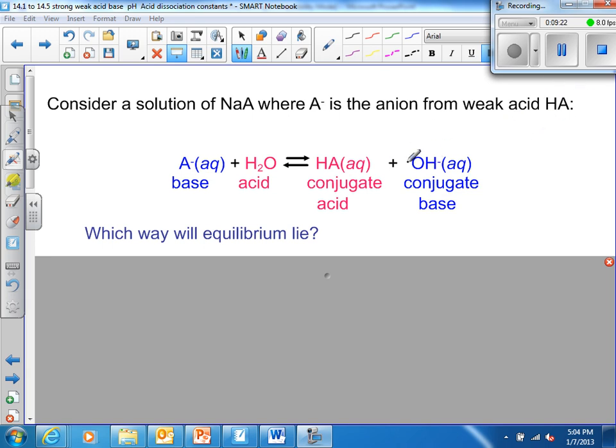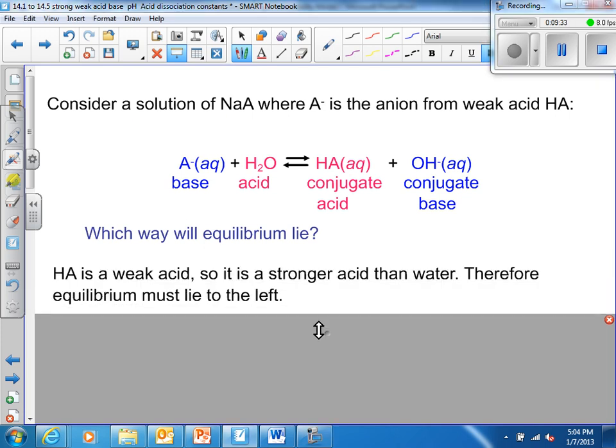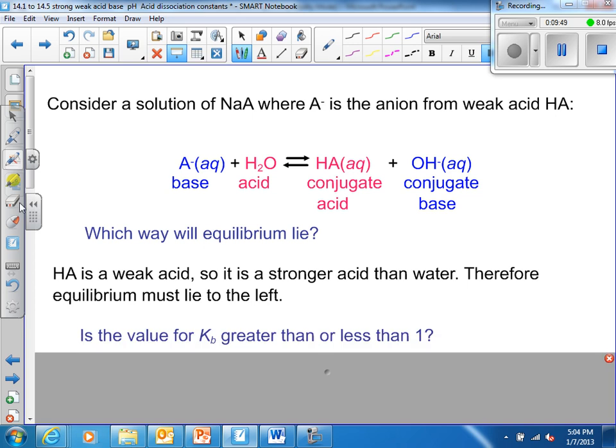And think about OH minus. OH minus is a really strong, very strong base, sorry. A minus is a weak base. So who's going to take control? Let's look. These stronger acids and bases compared to these weaker acids and bases are going to take control, and the equilibrium will be pushed to the left side. If that didn't make sense, you might want to listen to that again.